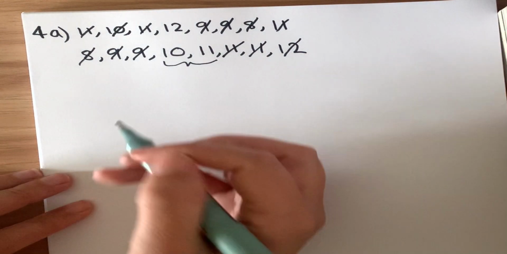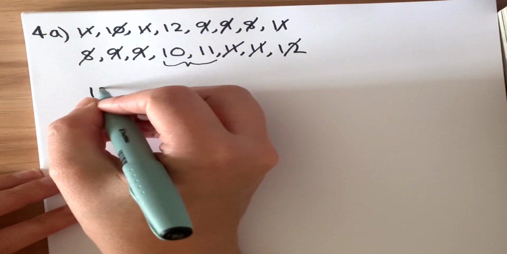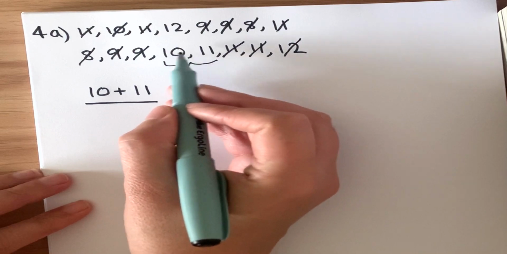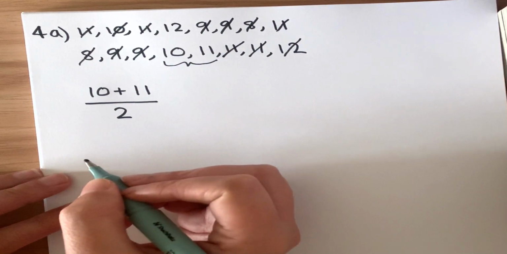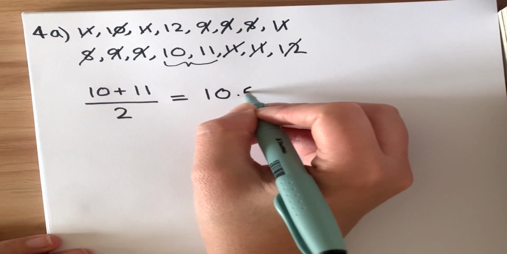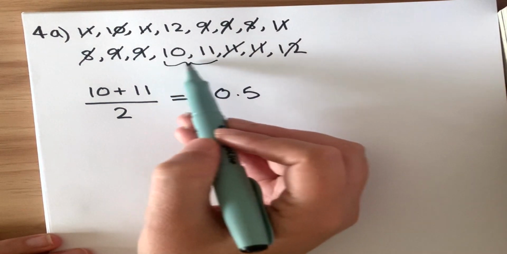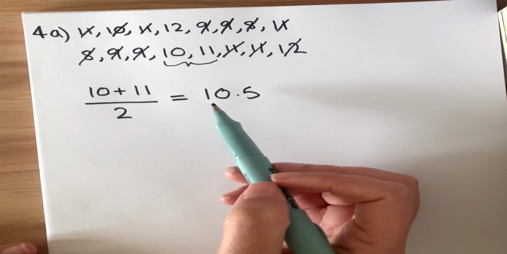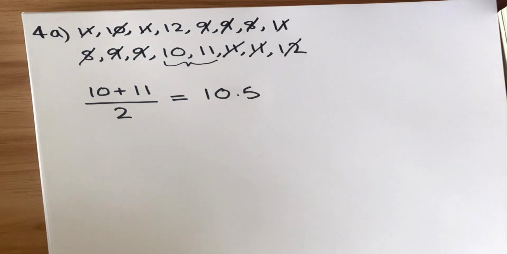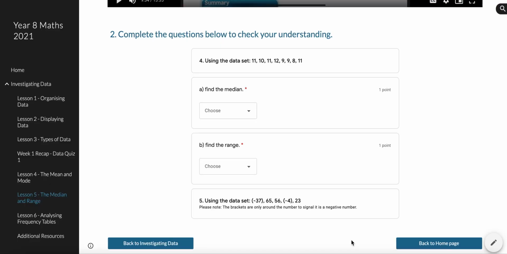And the way we do that is it's the sum of the scores divided by the number of scores, and there's only two. That's our mean. So our mean is 10.5, okay? So the mean of these two numbers is 10.5, which means that the median of the entire data set is 10.5.